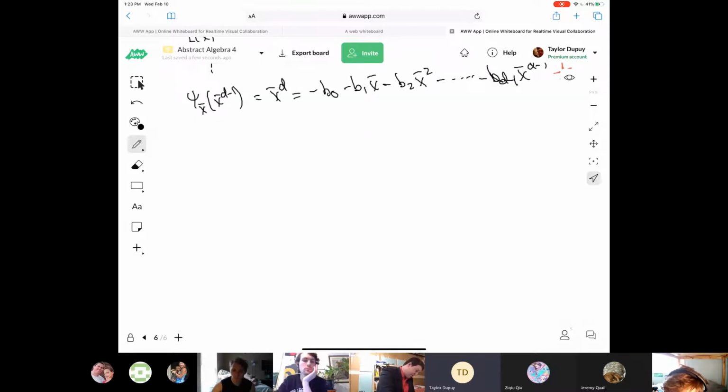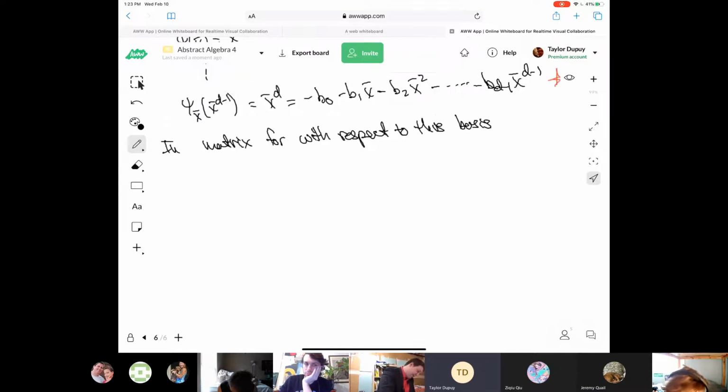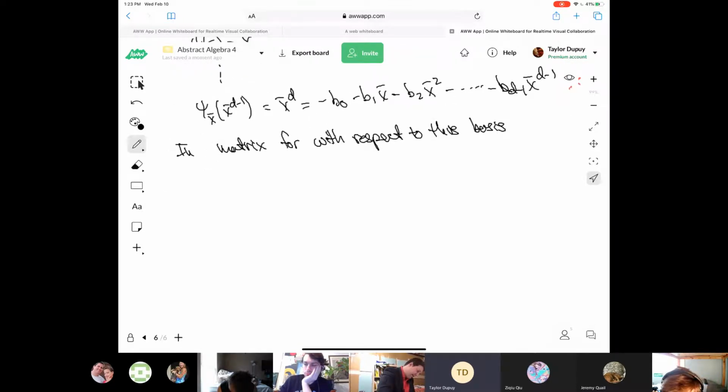Okay, so in matrix form, with respect to this basis, we have that psi of x bar.